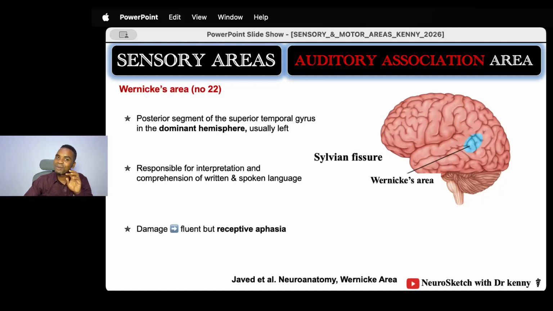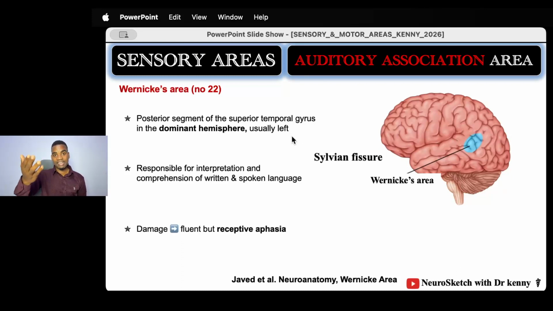If you have damage to this region, you're not going to be able to make sense, both by reading or by talking. This region is usually on the posterior surface of the superior temporal gyrus. This is the superior temporal gyrus. On the posterior surface, you have Wernicke's area, and it's usually found in the dominant hemisphere. And we said for the majority of individuals, the dominant hemisphere is the left hemisphere.